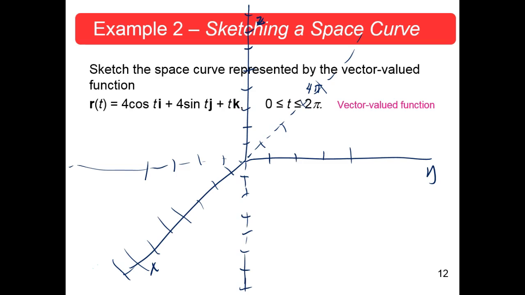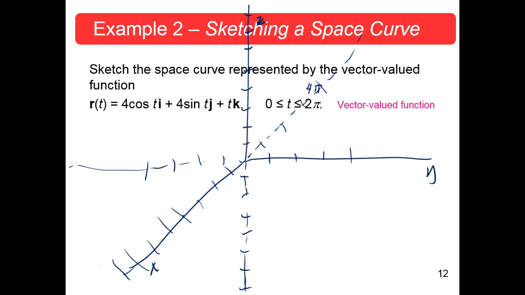So let's start with T equals 0. They both started there, T equals 0. What's your x coordinate at T equals 0? 4. So that would be 1, 2, 3, 4. So here's where we're starting, and that's the x coordinate.